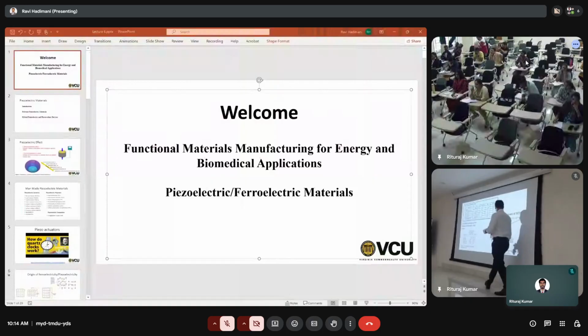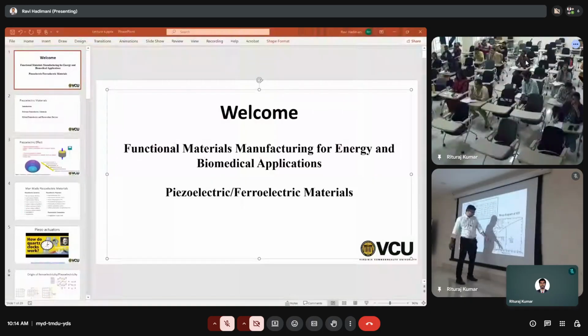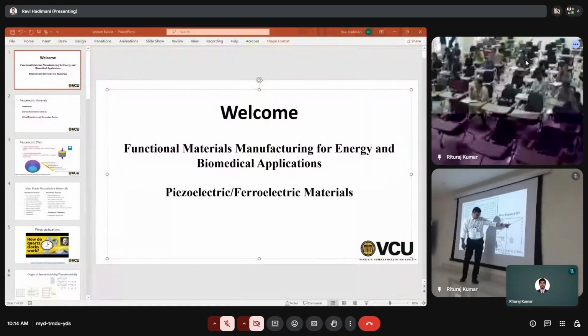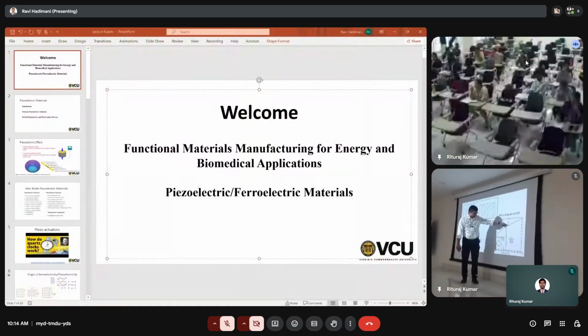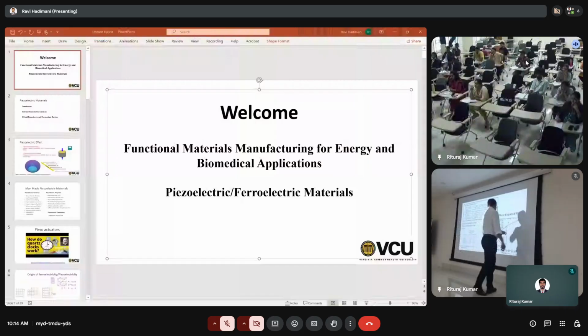I think the one that is commonly used is, and this is the Curie temperature. We want to have as high a Curie temperature as possible. So somewhere here, maybe, is where you want to make the lead zirconate titanate. Okay, so this is the phase diagram of lead zirconate titanate.